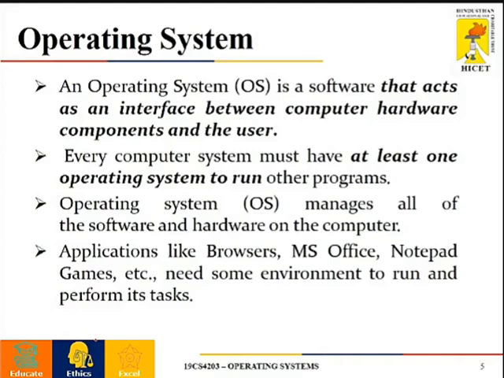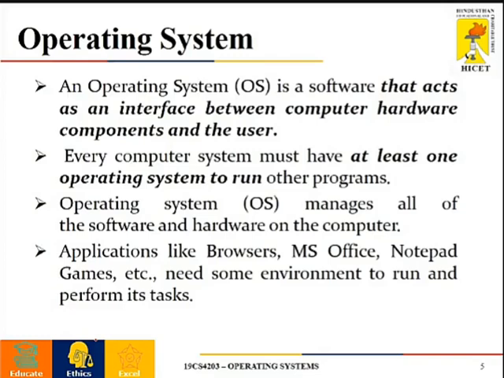So using the OS only, we are going to run the various programs in the computer. Operating system or OS manages all of the software and hardware on the computer. So it is managing the resources of the computer, both the software as well as the hardware.